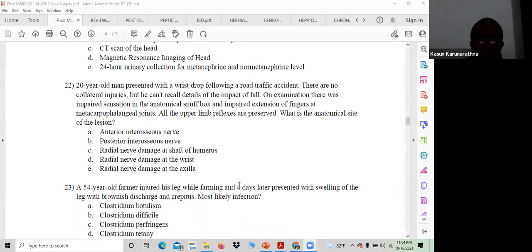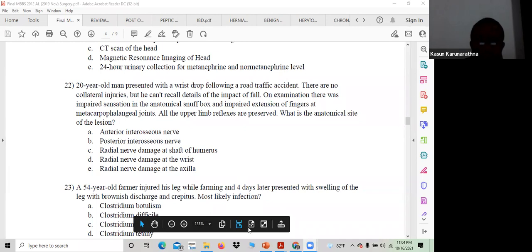That's how you work it out. Triceps jerk is preserved, meaning the radial nerve supplying the triceps is intact, right?